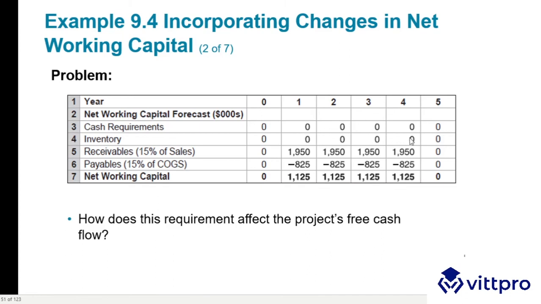In years 2, 3, 4 you are not using them, or if there is a change you will factor it in. If you have to increase based on the increase in the volume of the business, if you have to increase the inventory, the receivables, or the consumables, you will factor that in. And when the project is finished, you are able to recover everything back. So that's why you will recognize them as an income in year 5.